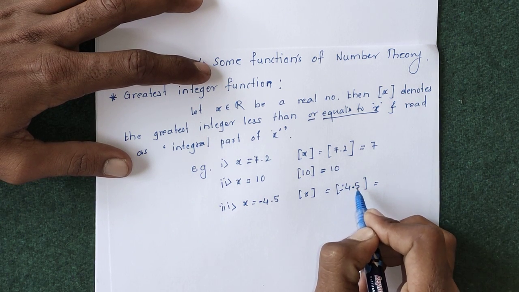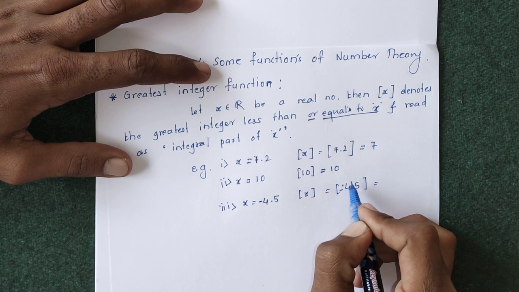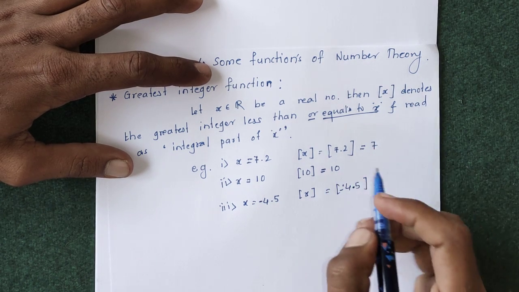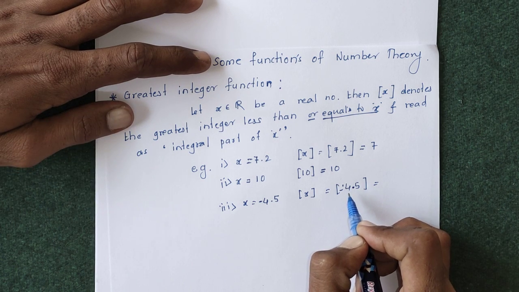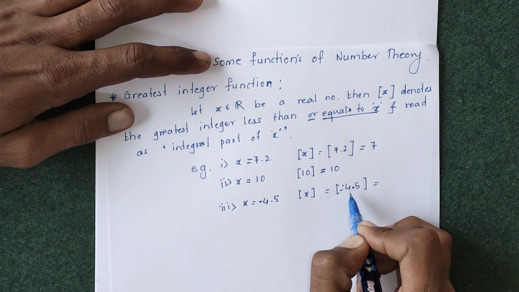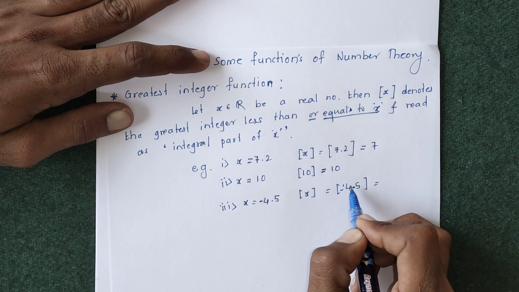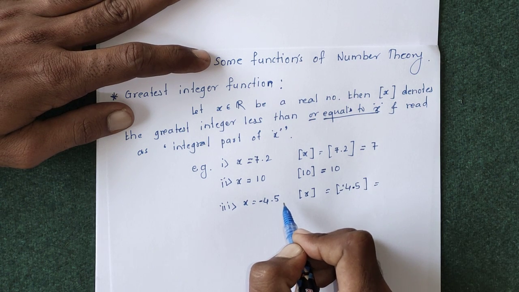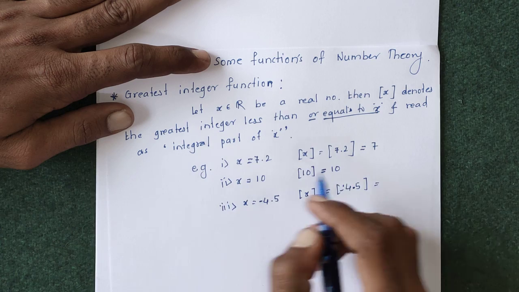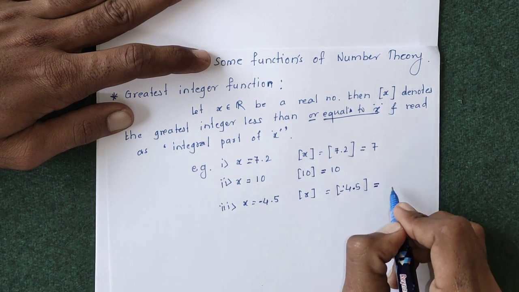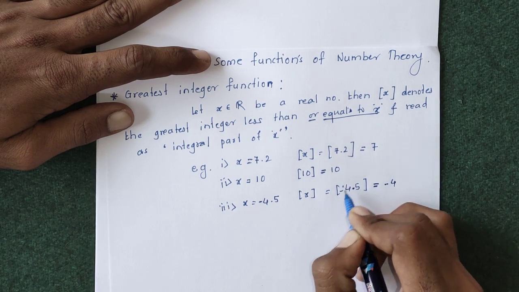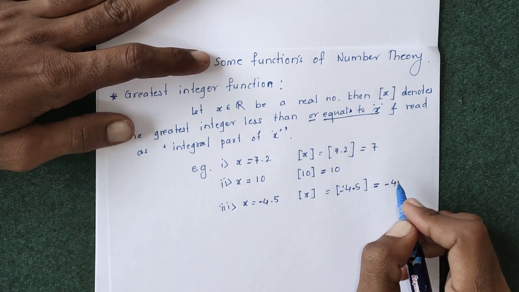This number is not an integer, so the equal to condition is not going to hold. First we find the integers less than minus 4.5. So minus 5 is less than minus 4.5, minus 6, minus 7, all the integers which are less than minus 4.5, but the greatest among all those integers is minus 5.